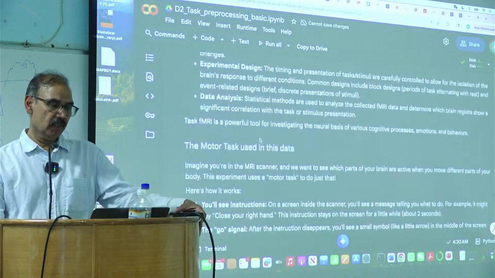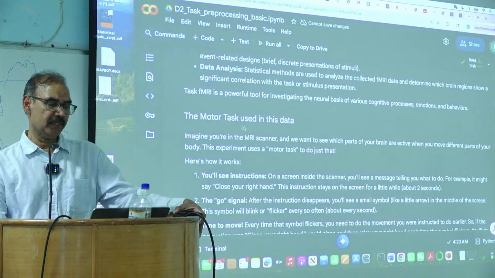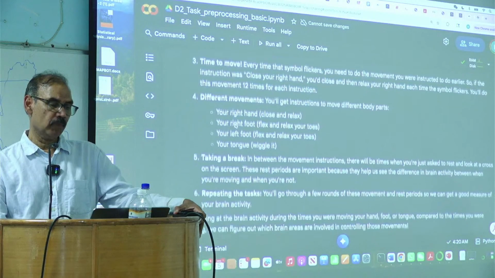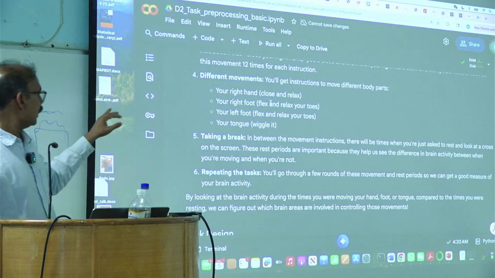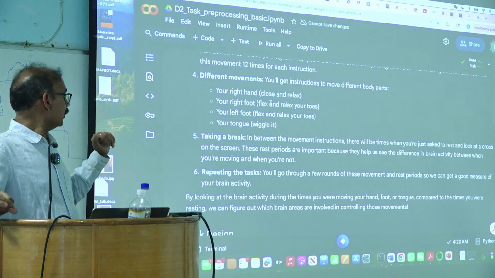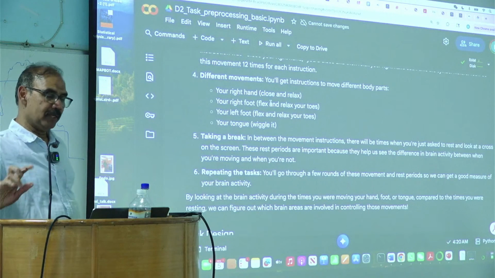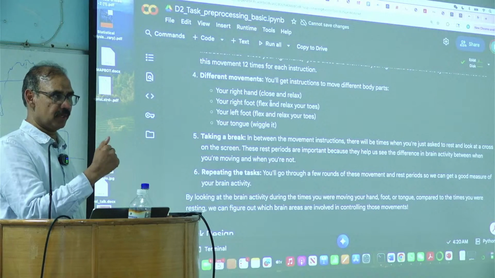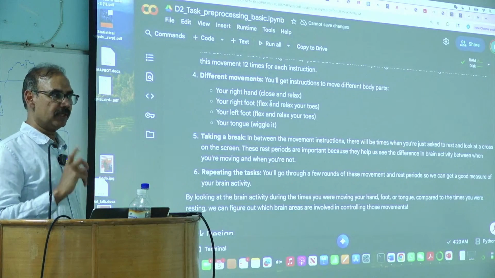In this case, we are going to use the motor task. They had 4 different tasks: right hand, right foot, left foot, and tongue. So they wanted to activate the whole homunculus, all the sensory motor regions, and not just pertaining to finger tapping.